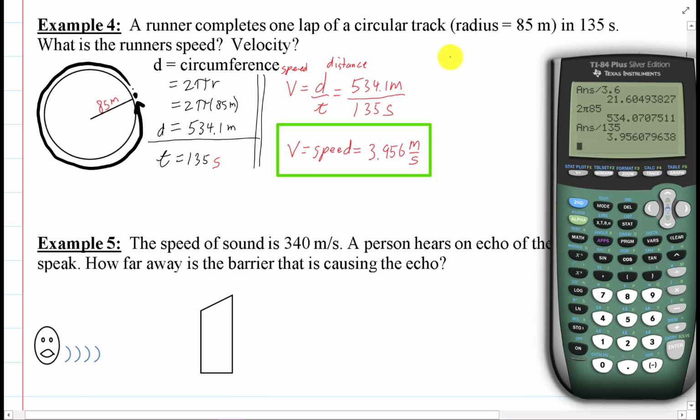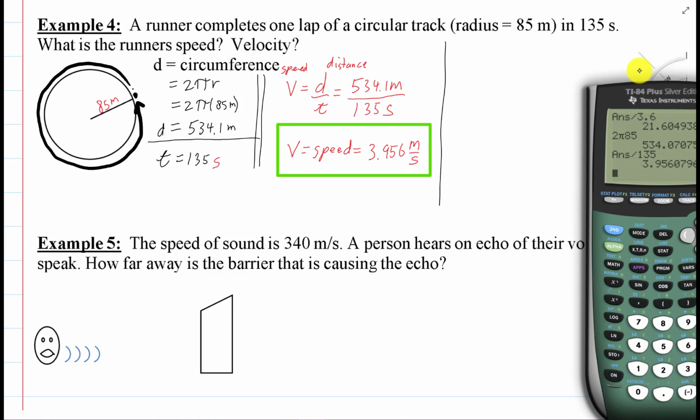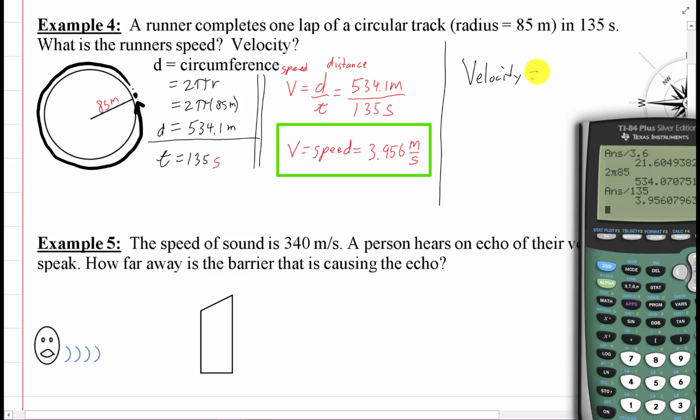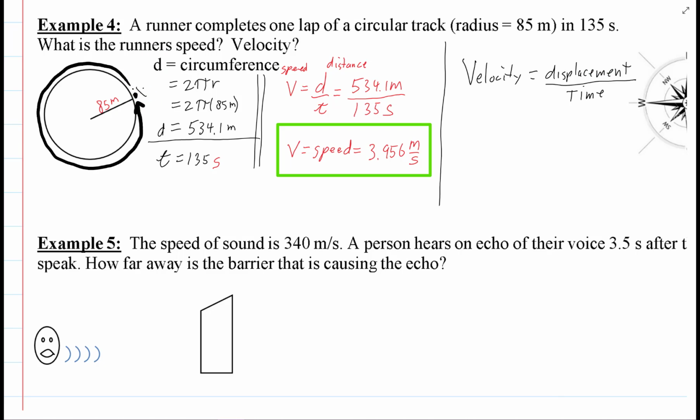And now, what is the velocity? Well, velocity is the displacement over time. And the big question here is, what's the displacement? If we start here, and at the very end, we end up at that same location, the displacement's actually 0 meters, because you haven't ended up in a different location.